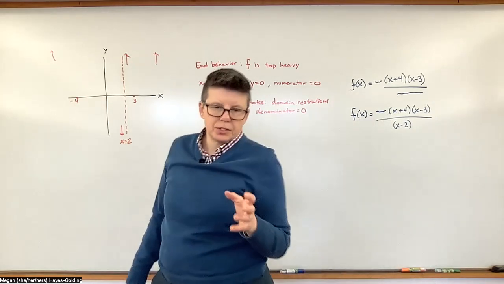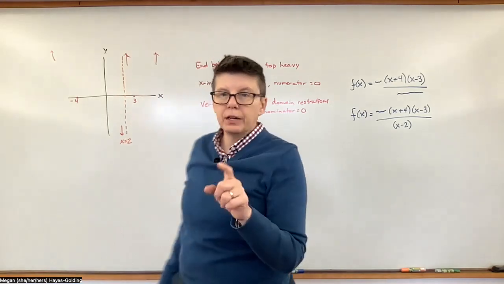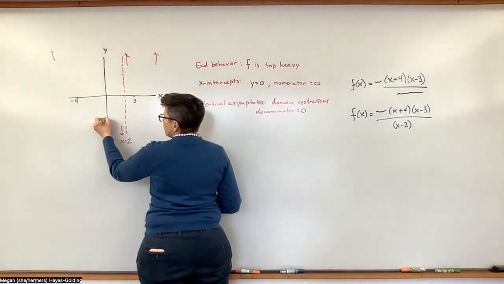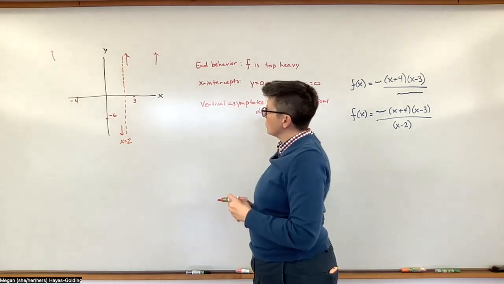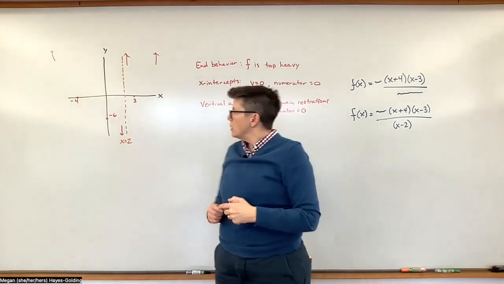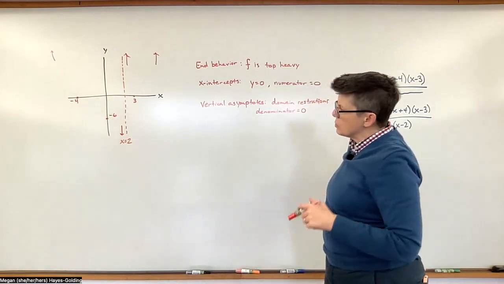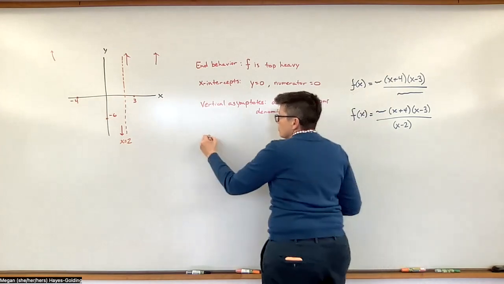Moving on to the next detail. I have a y-intercept at 0, -6. Plot that on the graph. Let's think about what the y-intercept means. The y-intercept occurs when x equals 0.